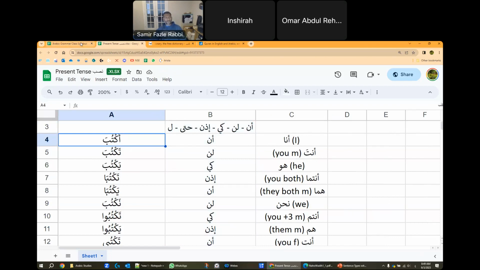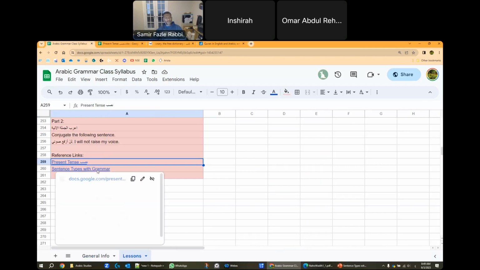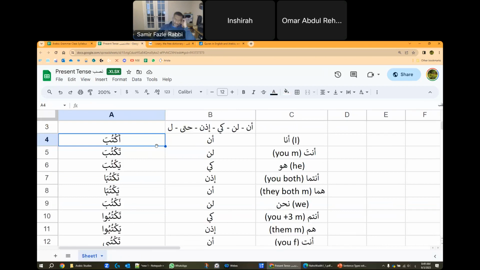Anyways, now if I add lam before this aktub, it's going to be lam aktub, lam taktub, lam yaktub.